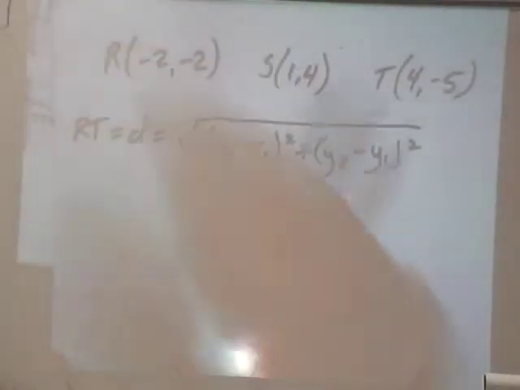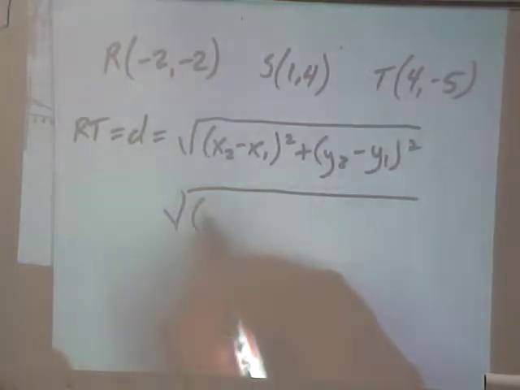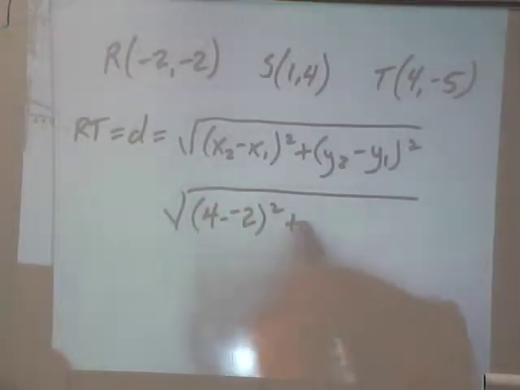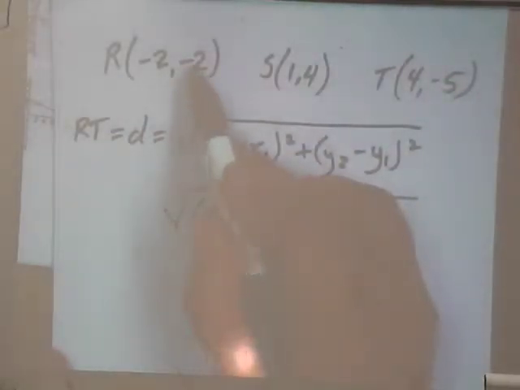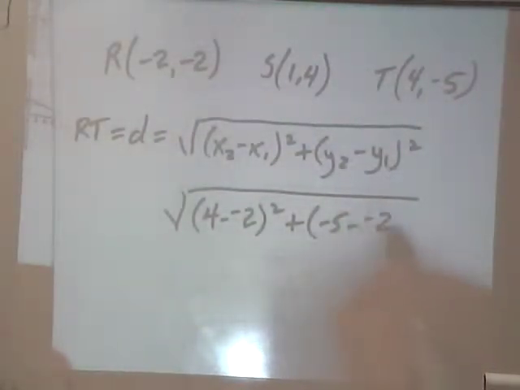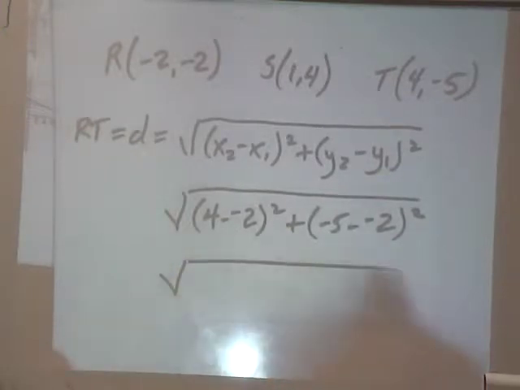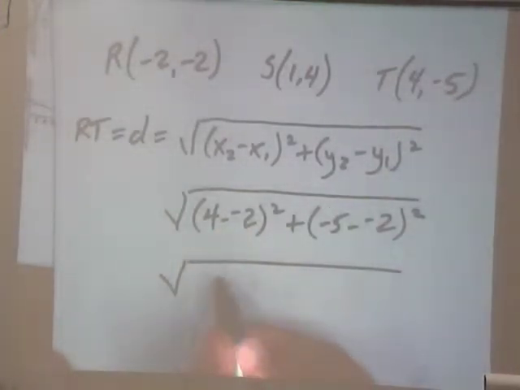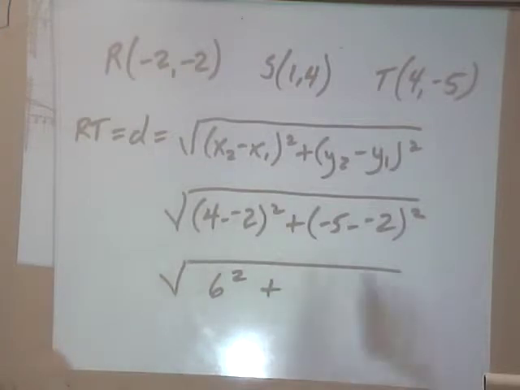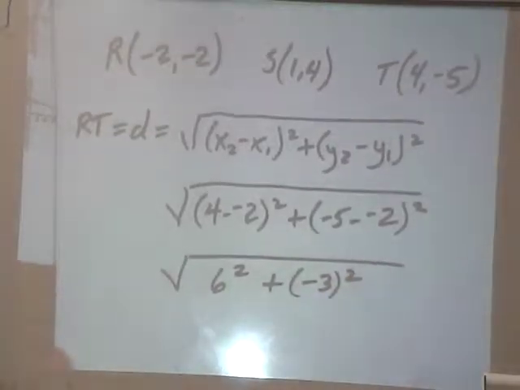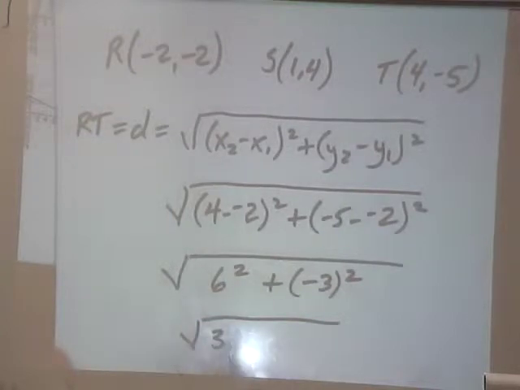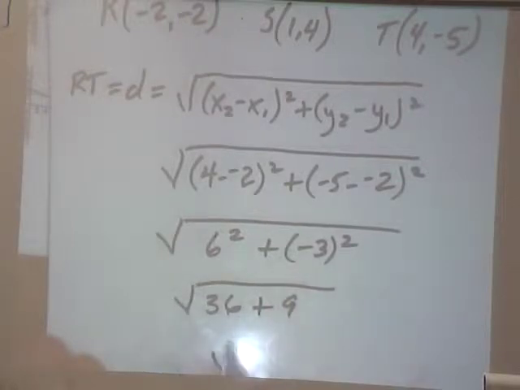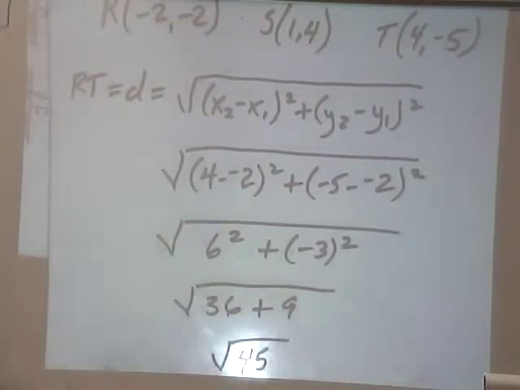So 4 minus a -2, -5 minus a -2. So it'd be 4 plus 2 here. -5 plus 2 is what? -3. So that'll give us 6 squared is 36. -3 squared is 9. Square root of 45.